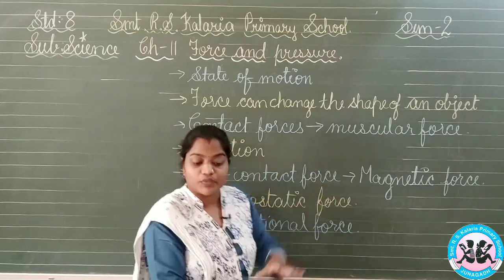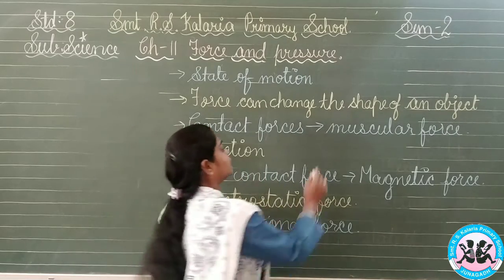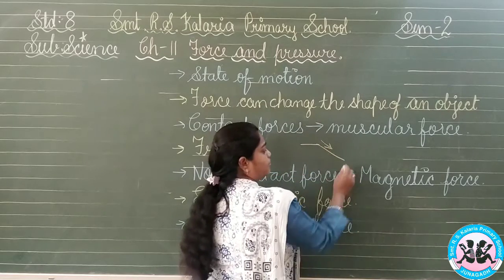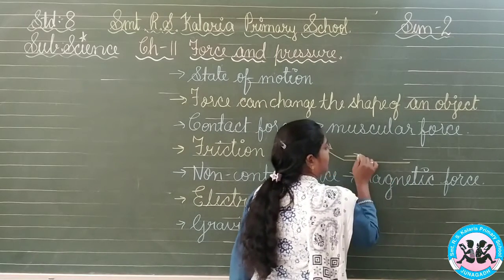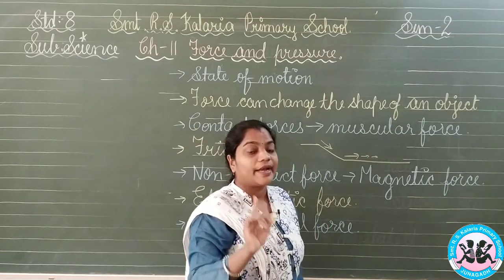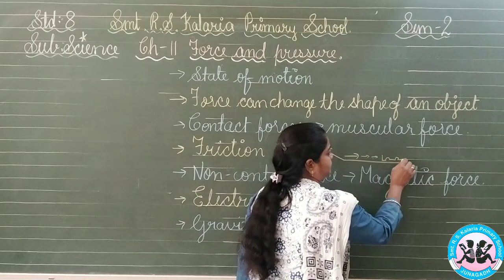But moving ahead, what will happen? After some distance, it will automatically slow down. On the slope it will be moving faster, but as it reaches ahead, slowly its speed will be reduced automatically, and at one point it will come to a rest.